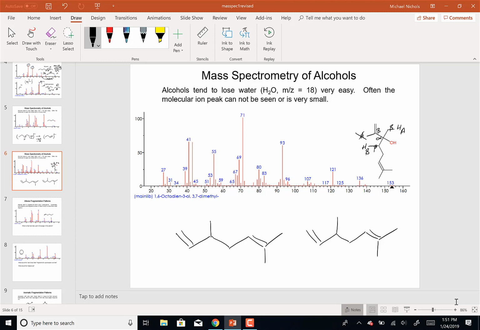So if I'm going to lose an HOH, I'm either going to lose HA or HB. How many people say HB is the one? HA? Nobody wants to go for HA? Why HB?